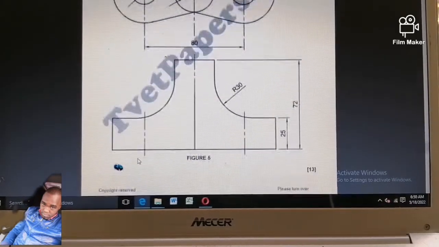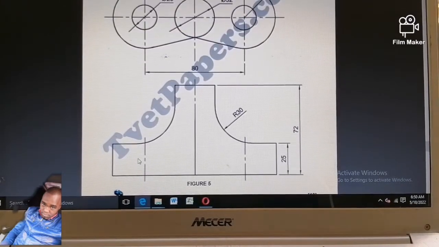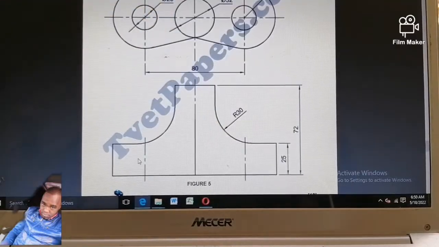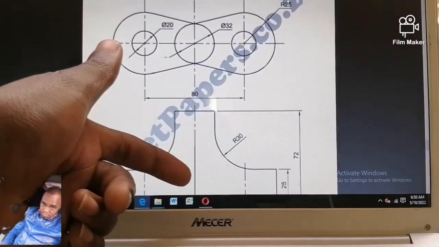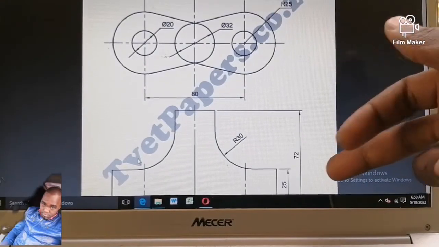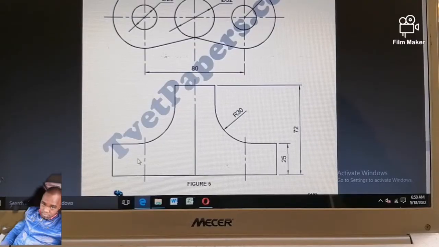So this is given in third angle orthographic projection, which means this is your front view and this is your top view. Your right view was supposed to be here, but the question did not ask us to draw the right view.